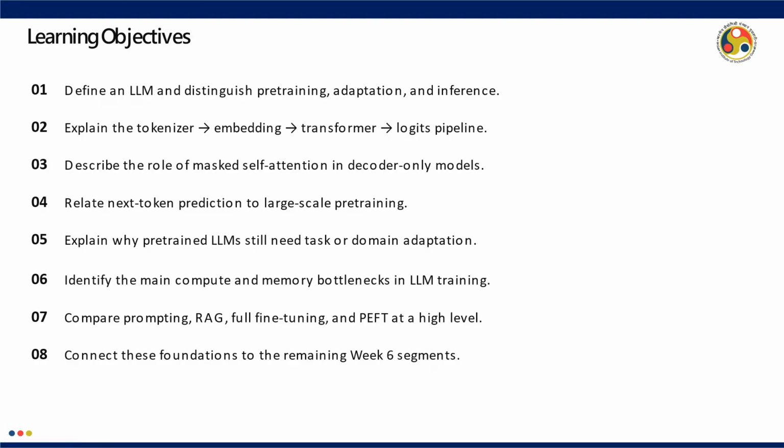Okay, so here we will first try to define the LLM, what exactly it is, and distinguish pre-training, adaptation and inference. If you have seen conventional deep neural networks, you have obviously seen training, because we can train the model and then serve or deploy the model for serving. That means we train the model and use it for inference, right?